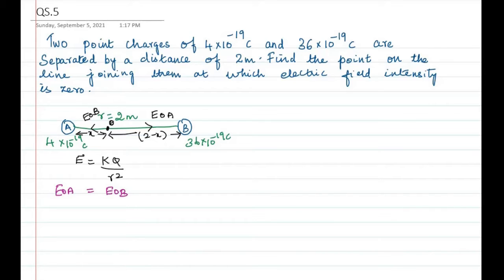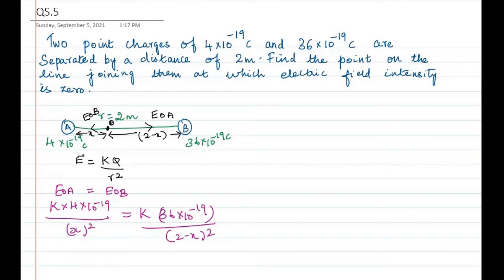Use this formula and substitute the values. EOA is K into QA divided by the OA distance square, so K into 4 into 10 to the power of minus 19 divided by x square, which is equal to EOB. EOB is K into QB divided by the OB distance, 2 minus x, the whole square.